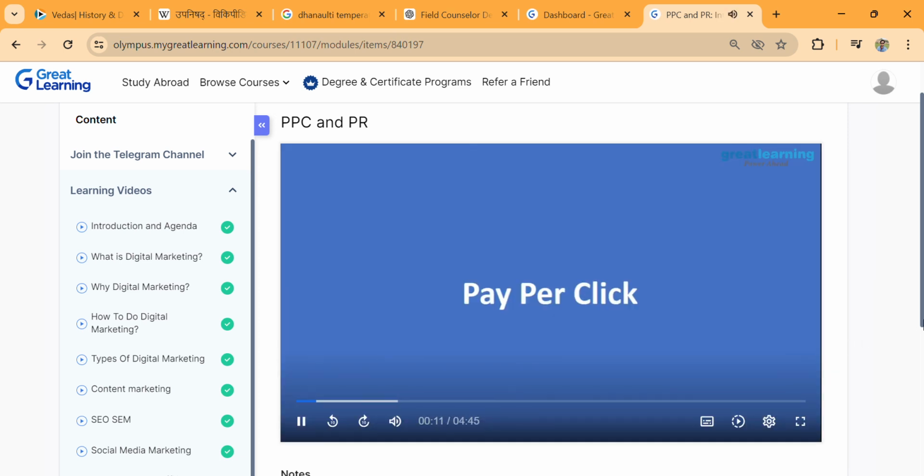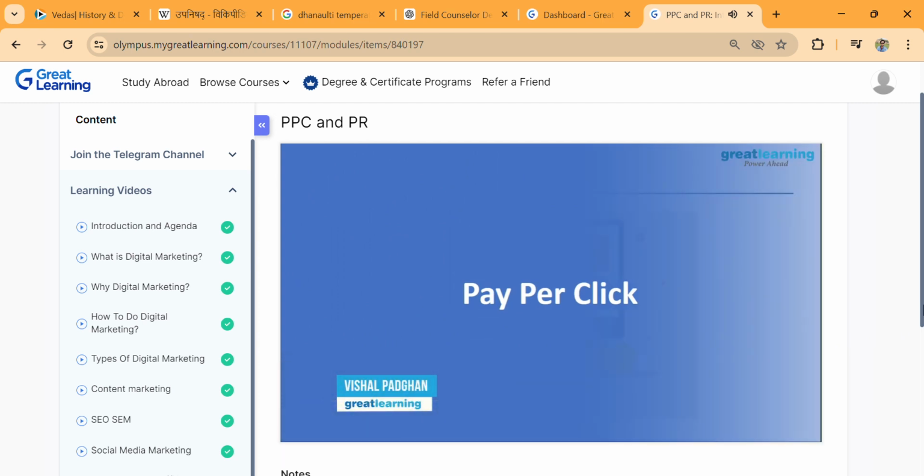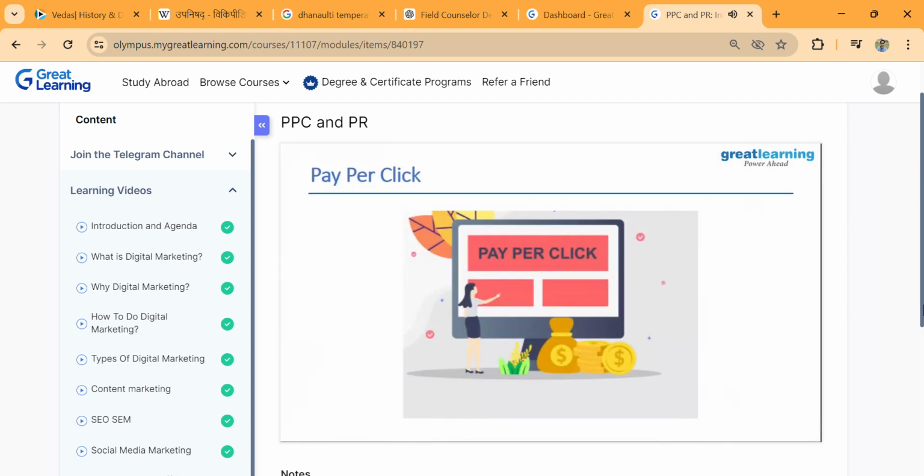So pay-per-click, we've talked about search engine marketing, and pay-per-click is a part of it. I've already told you that if there's an article or a video that you want to rank, but it is not reaching the masses, in that case you go ahead and basically pay money for it.